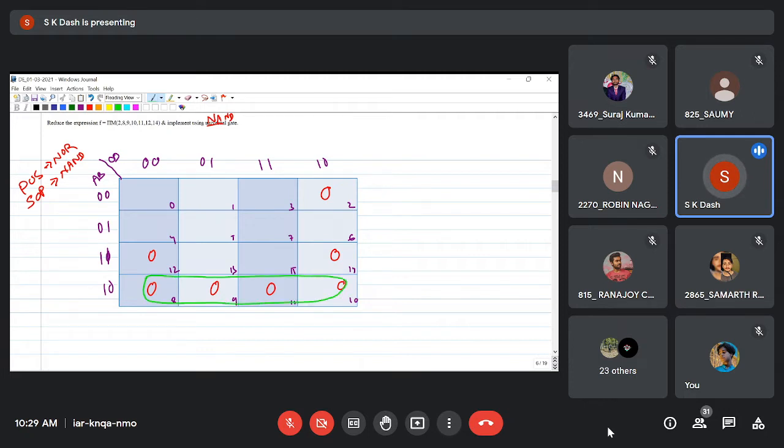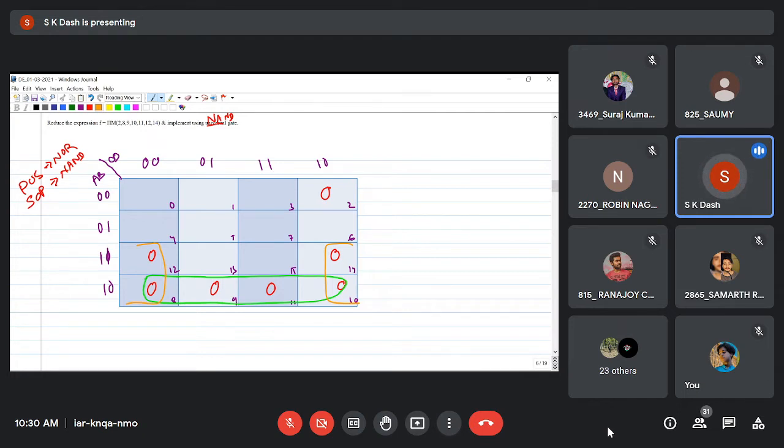Any other quad possible? Check properly. Other quads are possible. They are adjacent, so it can also be a quad. 14 and 10 are adjacent, 12 and 14 are adjacent, so all are adjacent to each other. So this quad is possible. Any other quad possible? No.